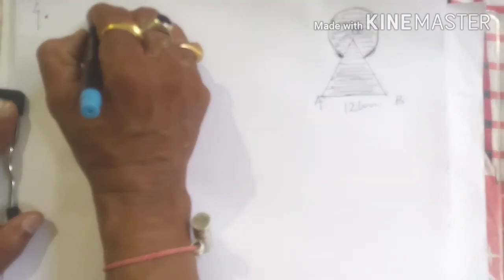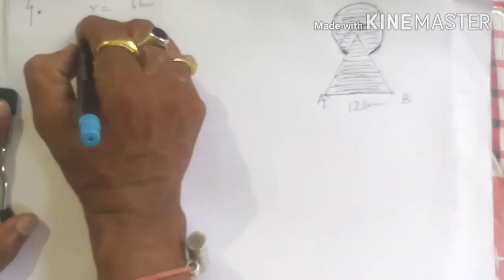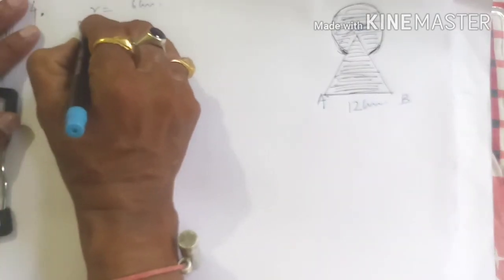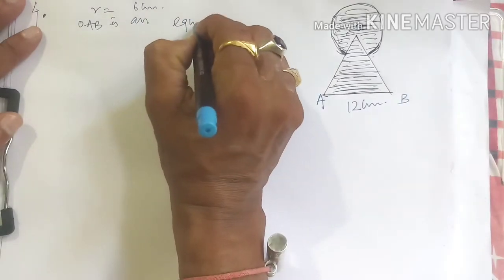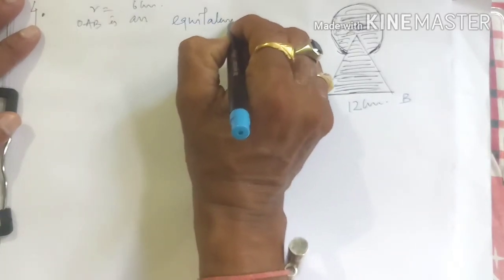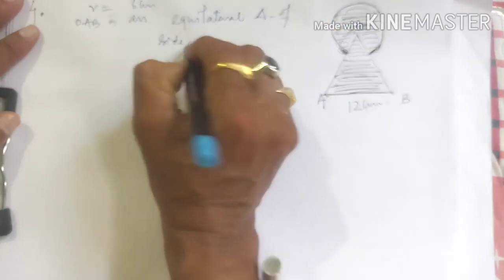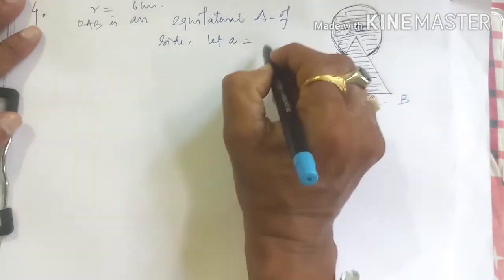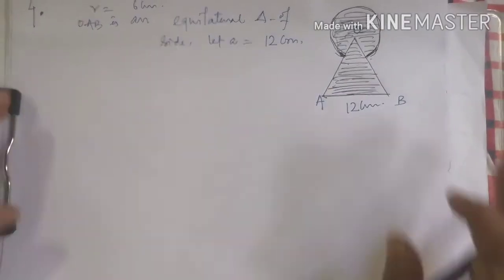So circular arc of radius, that means R is equal to 6 centimeter, and OAB is an equilateral triangle of side, let a equal to 12 centimeter. This is given. You have to calculate the area of the shaded region.